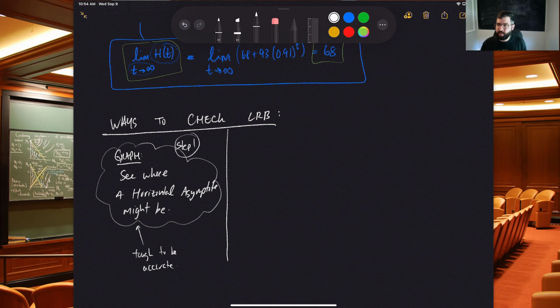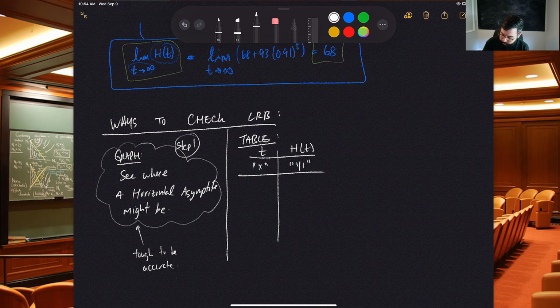Another, probably a better way to go would be to use a table. And what you can do is set up for t and for h of t, you put it into your input outputs, right? And for your x and your y1. And then put in increasing values of t that get huge.